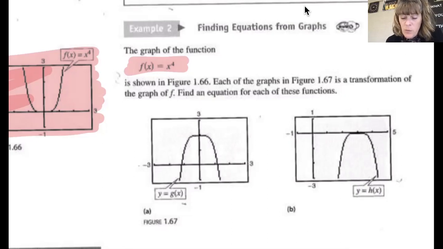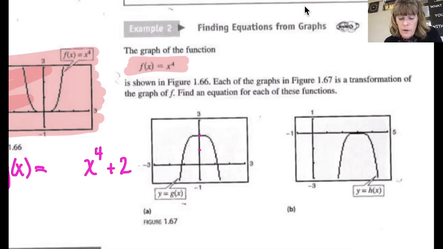We know it's some kind of x to the fourth. So let's call it g of x. So we have g of x equals, but something happened to this x to the fourth. There is a vertical shift and it went up 2 units. So that is outside of our function.